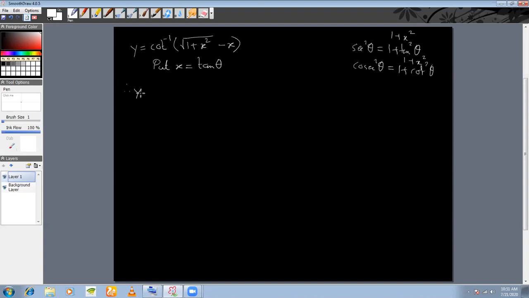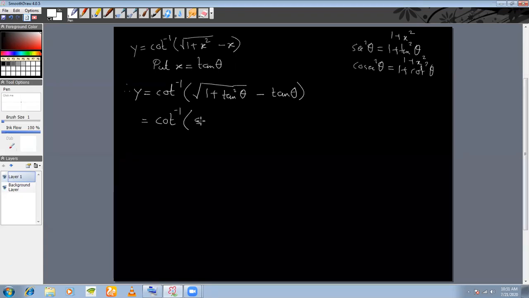Therefore y becomes cot inverse of root 1 plus tan square theta minus tan theta, which is equal to cot inverse of, root 1 plus tan square theta is nothing but sec theta, right? sec theta minus tan theta.